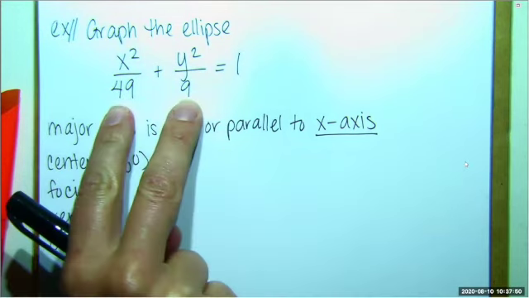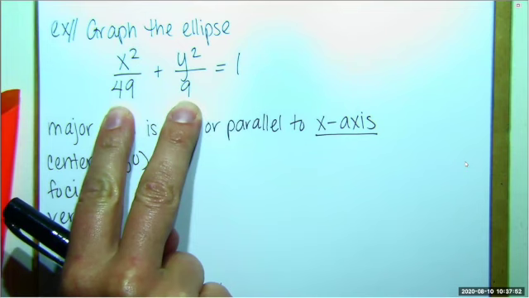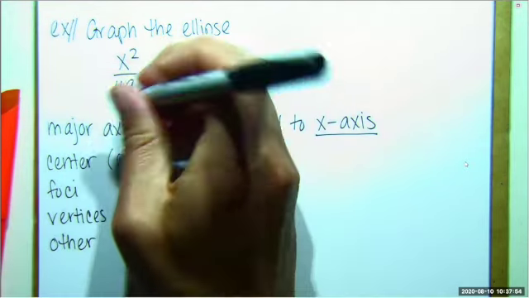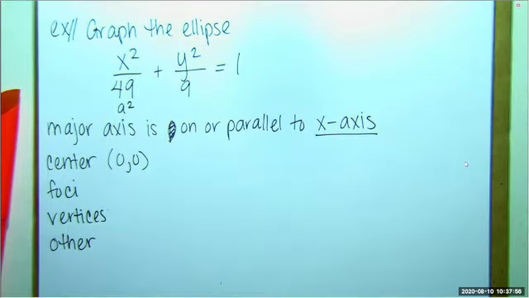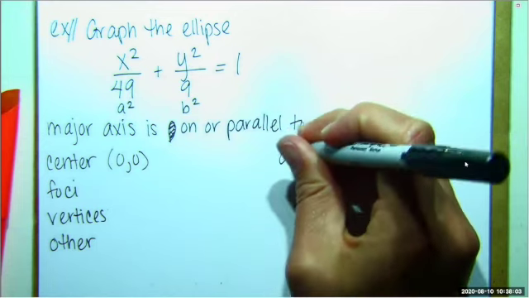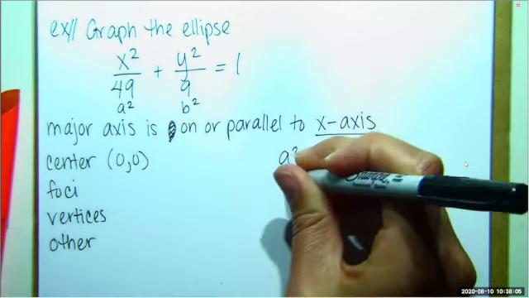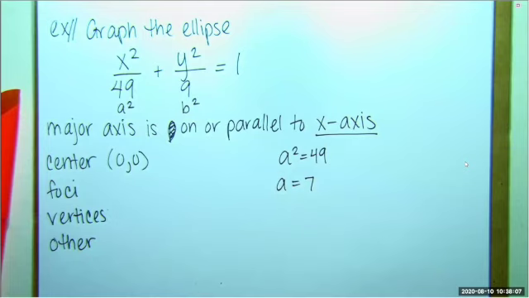What we want to do is look at these numbers that are in our denominator. The larger one is going to be A squared. The smaller one is going to be B squared. So we have that A squared is 49, which means that A is 7.